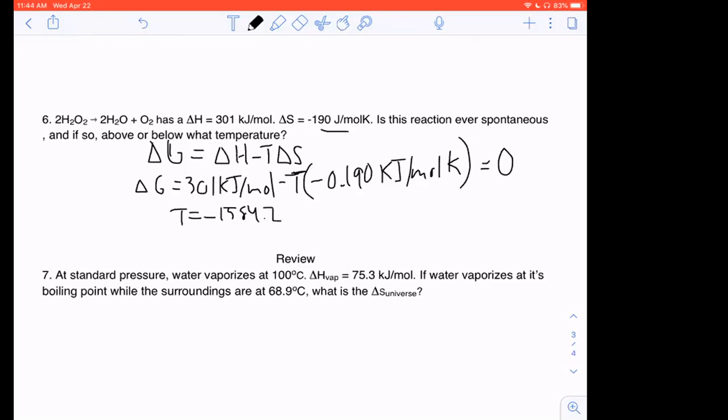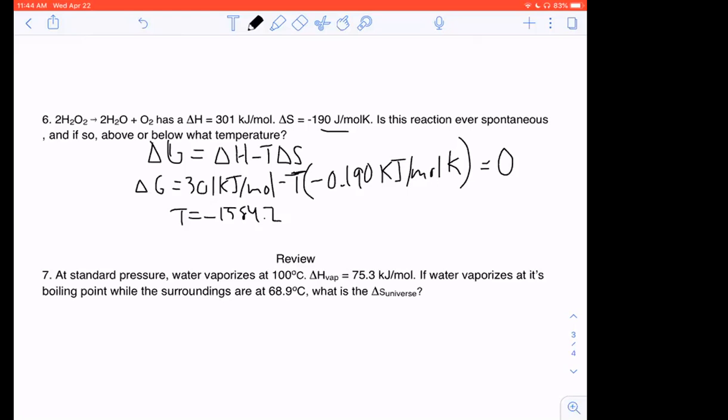Now, using the Kelvin scale, you cannot have a negative number. So for it to be spontaneous, it has to be less than negative 1,584.2 degrees.